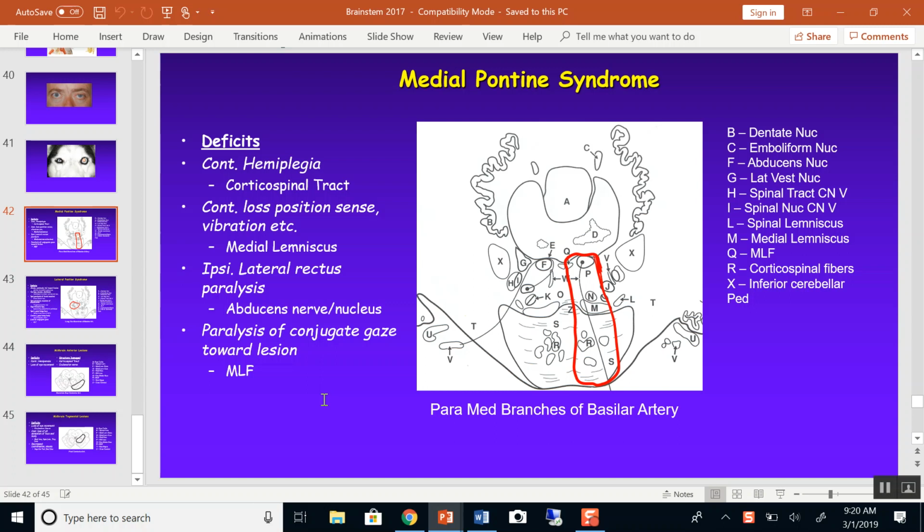Now, this cross-section that we're showing here is not one you've seen before. This is a cross-section where you're actually looking at the motor nucleus for the abducens nucleus, which is in the lower part of the pons.